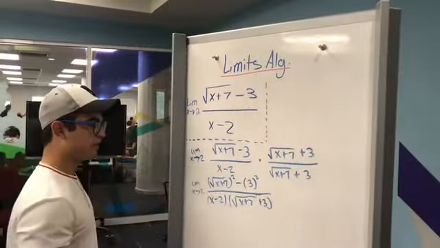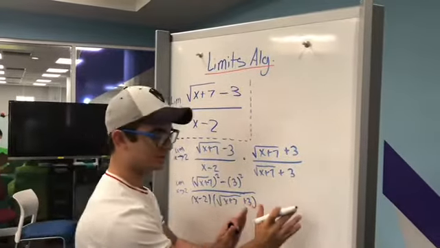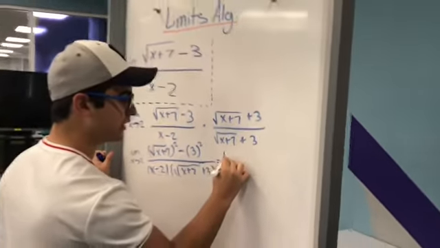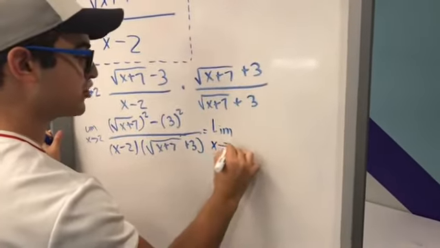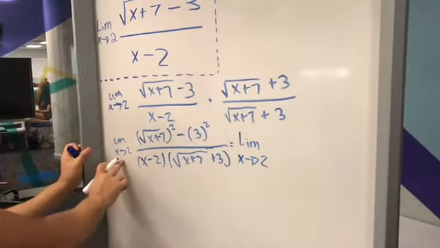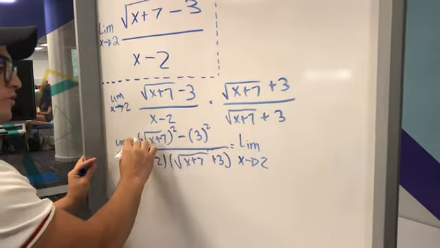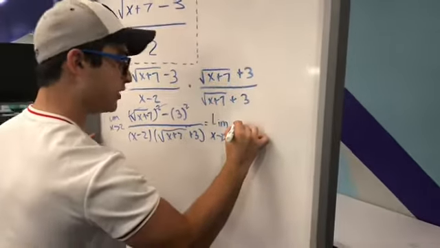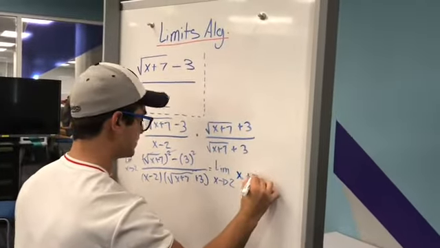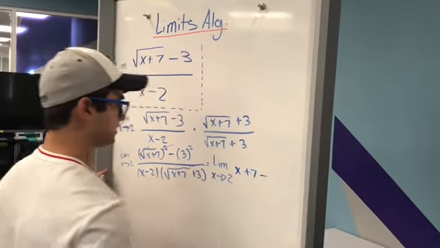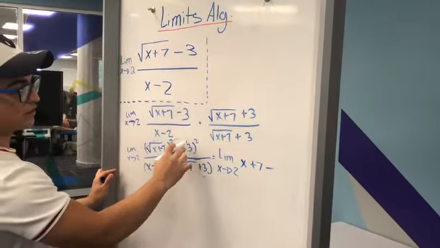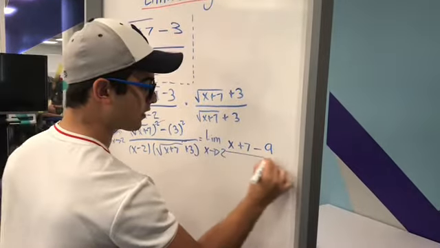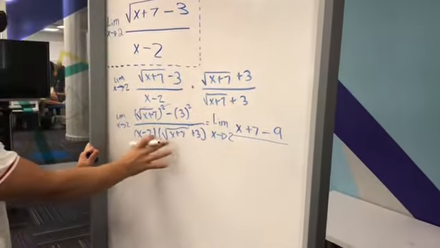So the next step will be simplifying this into something that I will show you right now. We will equal it to the limit of x approaching 2, as it is right here, and we will cancel the square root with the squared, and you will have x plus 7 minus, and you will have 3 squared is 9, so you'll have the 9 over here, all over this multiplication.